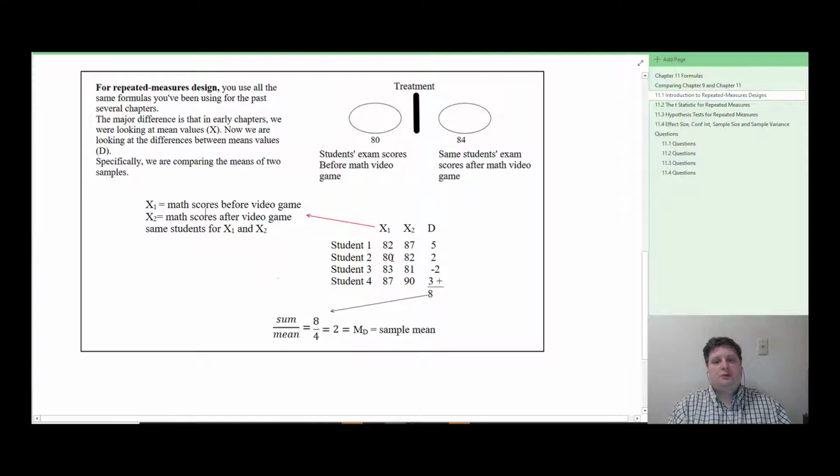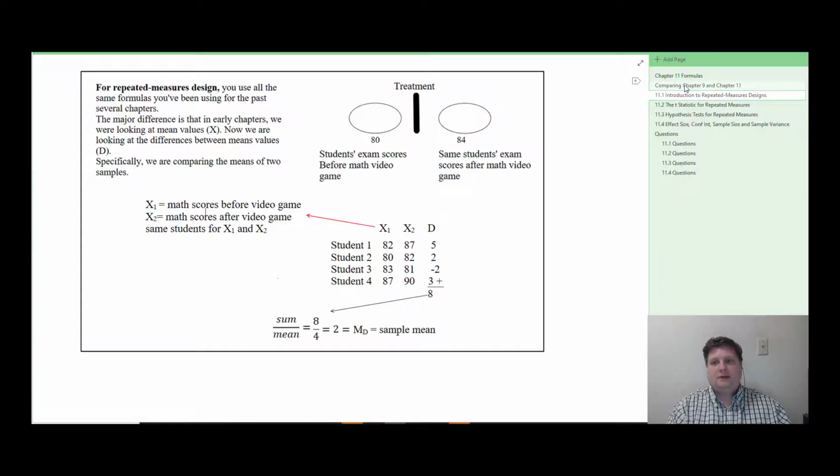So we have two scores, and we're actually going to find the difference. We're going to take that second score and subtract the first score. We got 5, we got 2, -2, and 3. And we're going to use this list of scores just like we did in chapter 9. We had a list of scores. Here's our list of scores.